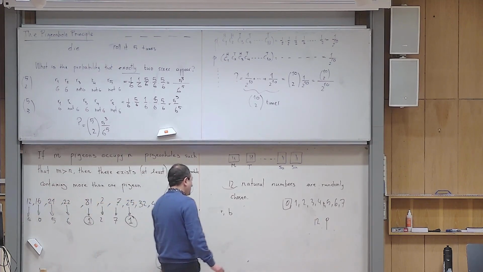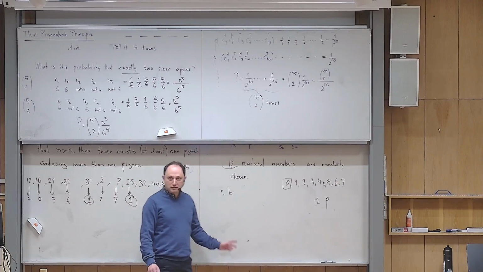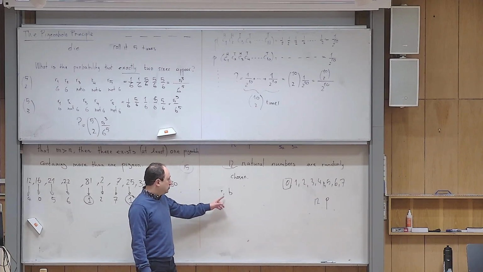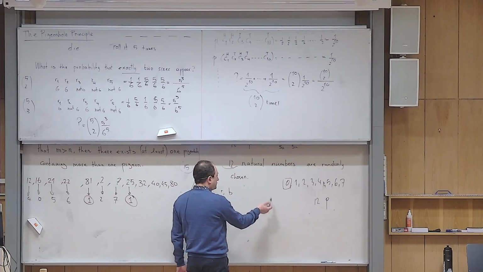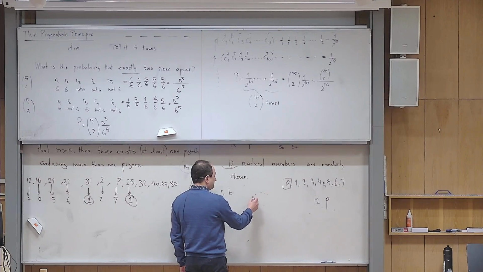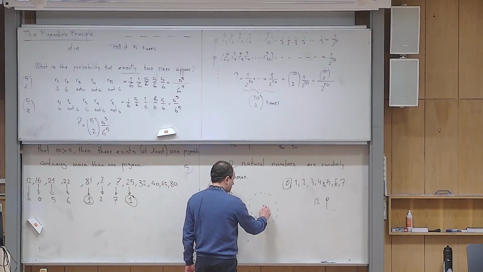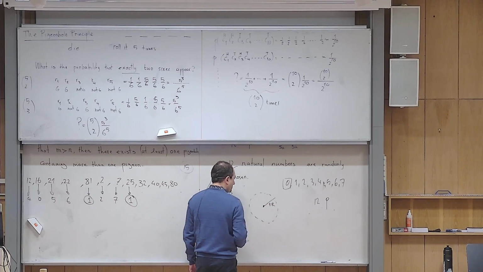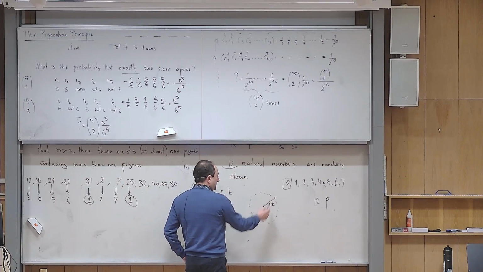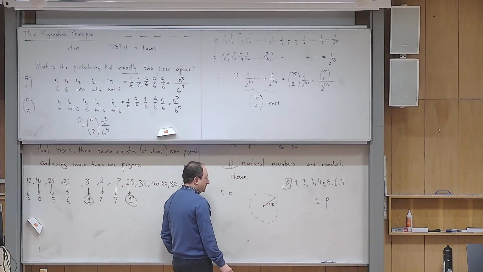Well, what you are saying is that you pick a random point. This point is either blue or red. Then you draw a circle with radius 1, 1 unit length, so that's my radius. And then there are infinitely many points on the rim of this circle.